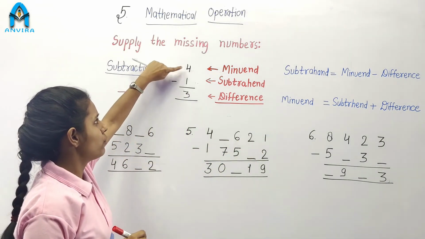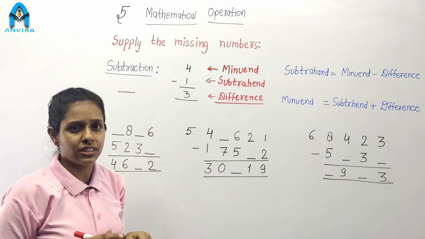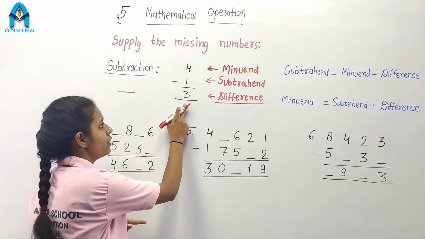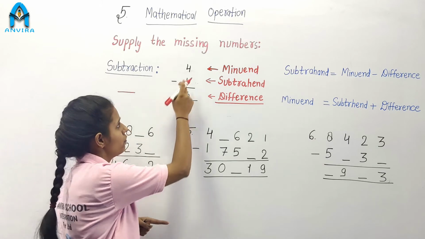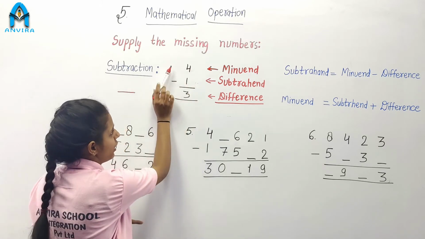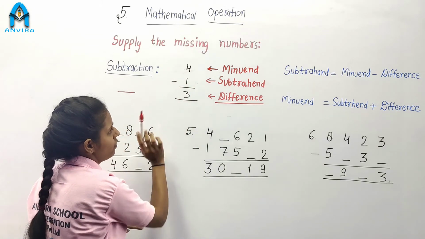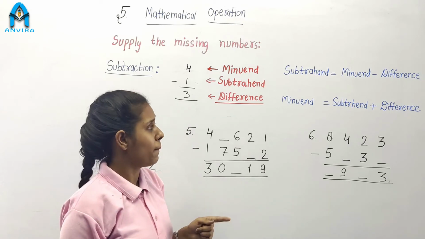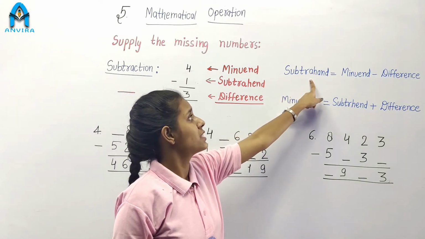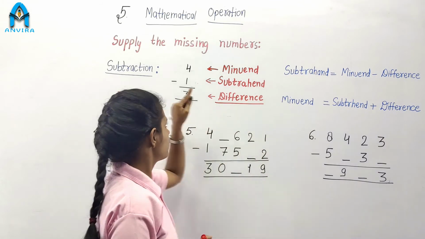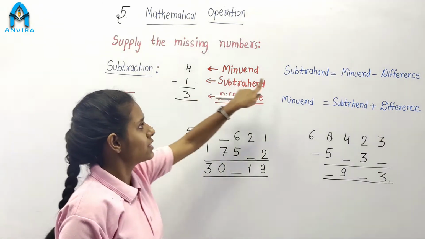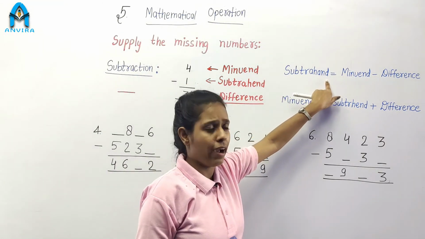Now if some digits are missing, what do we have to do? If difference is missing, we have to subtract minuend minus subtrahend, we find the difference. But if subtrahend is missing, which is subtrahend? This. Subtrahend is missing, what do we have to do?